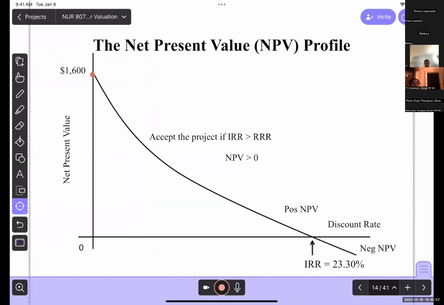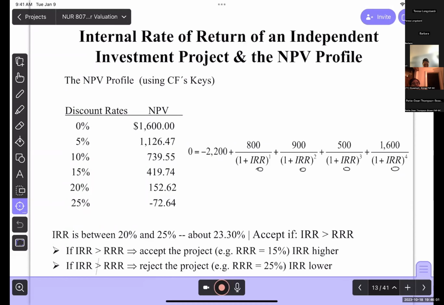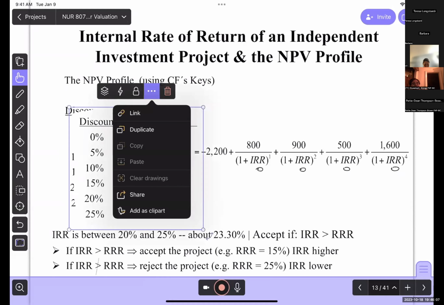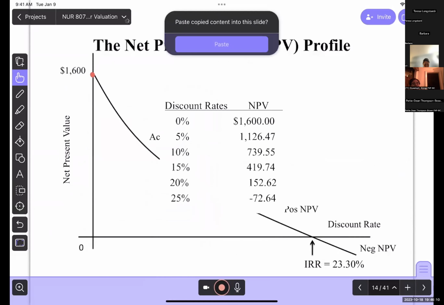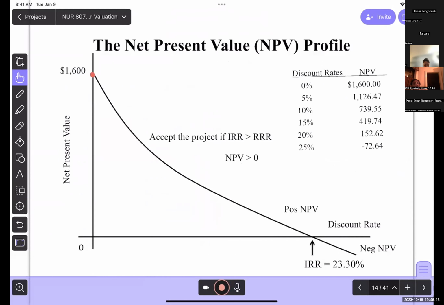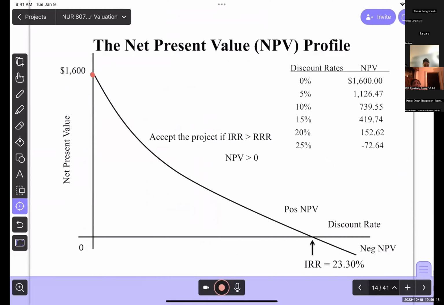You know, when it's 0, it's 1,600. This is the table, the NPV profile, but you could also make a graph. I could do that in Excel too. I could show you, we can make a graph with it. So basically we're plotting.